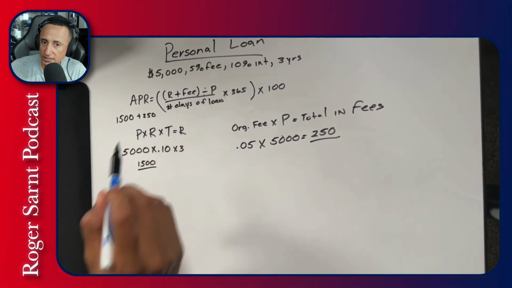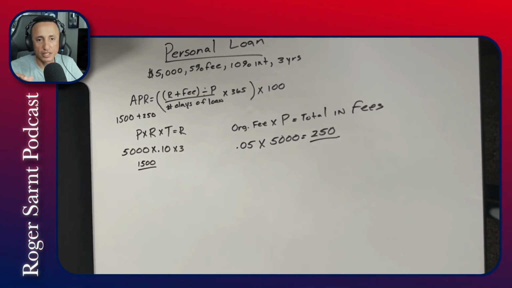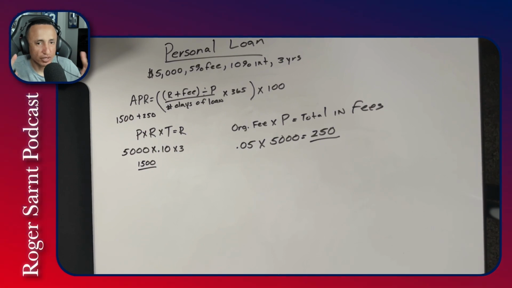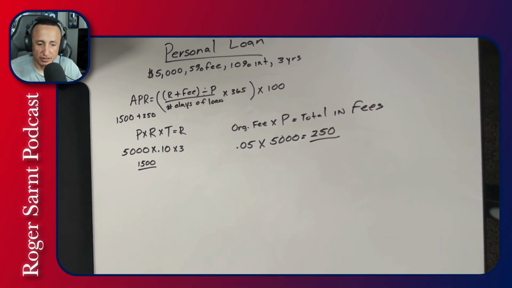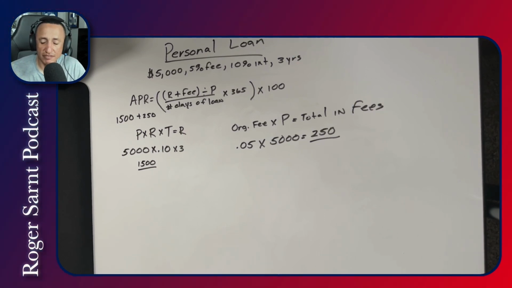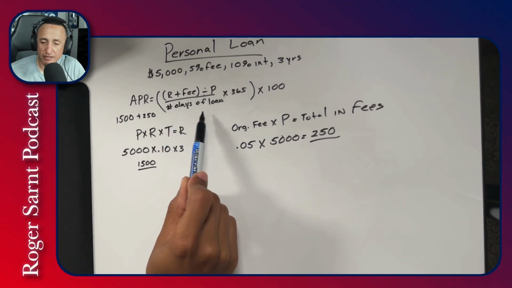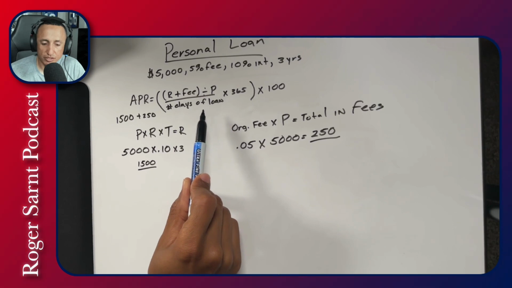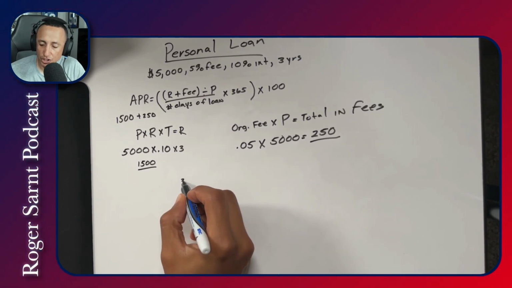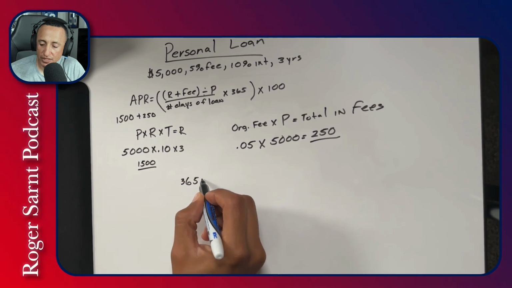I'm going to rewrite this in a second. And again, those of you who are listening, if you're not following along, go ahead and watch the YouTube whenever you have a chance, because there's some good information. Now, the next thing I want to figure out is the number of days of the loan. That's going to be super simple, because that's going to be 365 days, because that's how many we have a year.